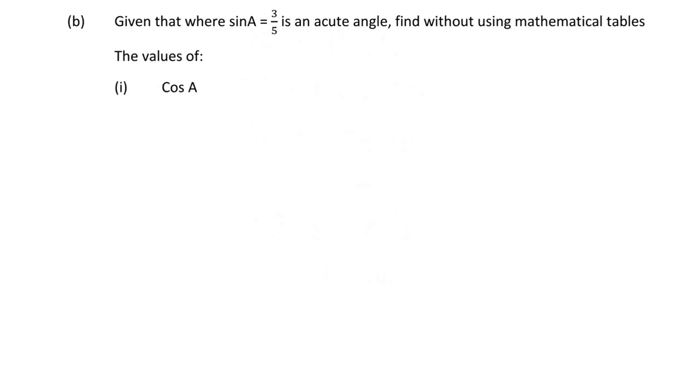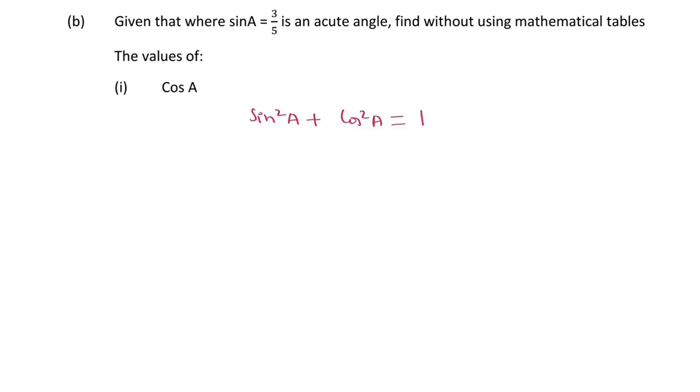Part B of the question, given that sin A equals 3 over 5, where A is an acute angle, find without using mathematical tables the value of, for Roman 1, cos A. Okay, so this is the trigonometric ratio problem. We are going to consider the following relation, which says sin squared A plus cos squared A equals 1.